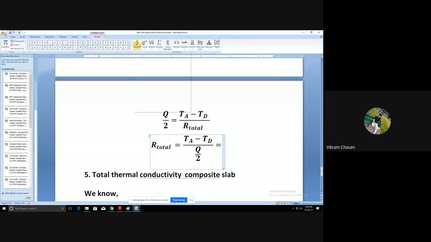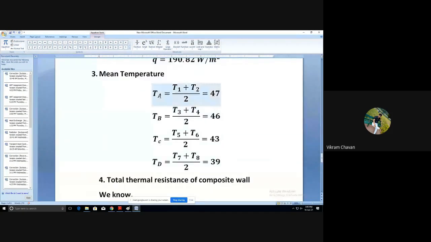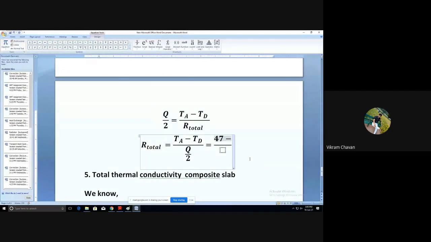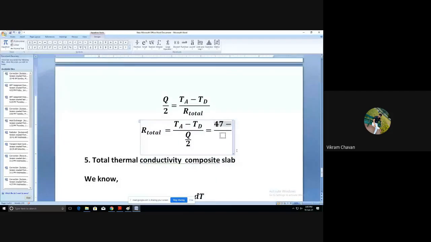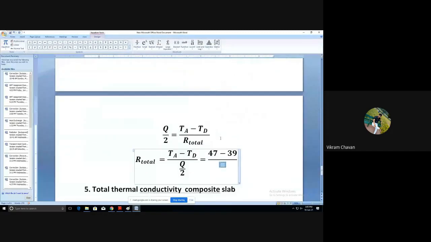So TA minus TD. TA is the initial temperature, 47, minus the final temperature TD, 39, divided by Q by 2. Q is 21.85, so 21.85 divided by 2.